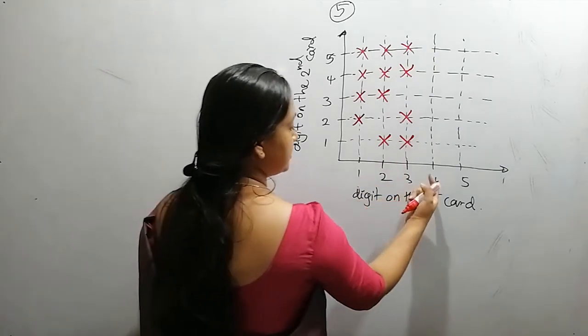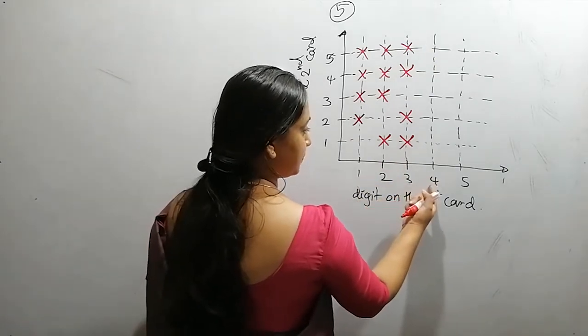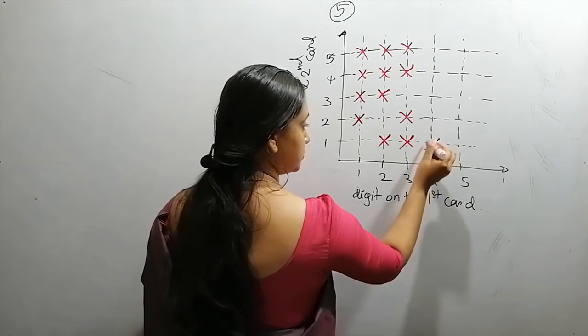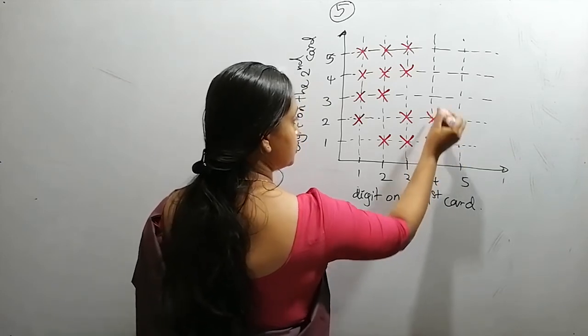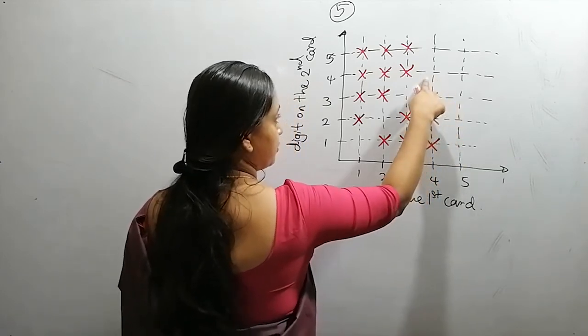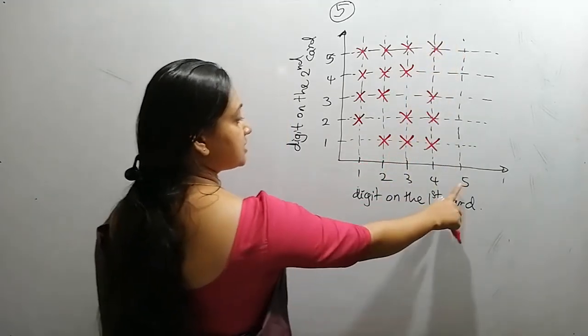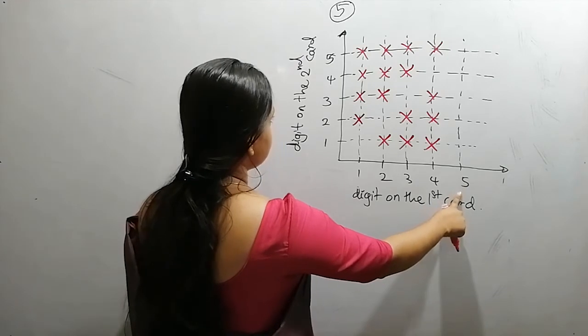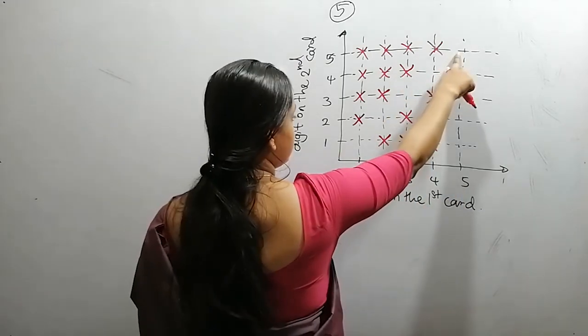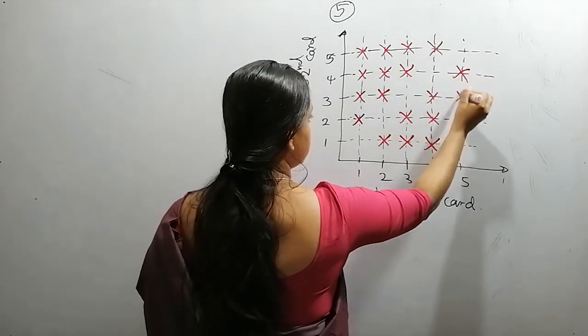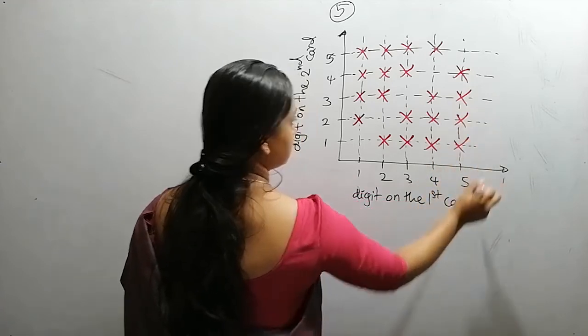Okay. If the first card is 4, then the second card could be 1, 2, 3, but it cannot be 4, it can be 5. If the first card is 5, the second card cannot be 5, but it can be 4, 3, 2 or 1.